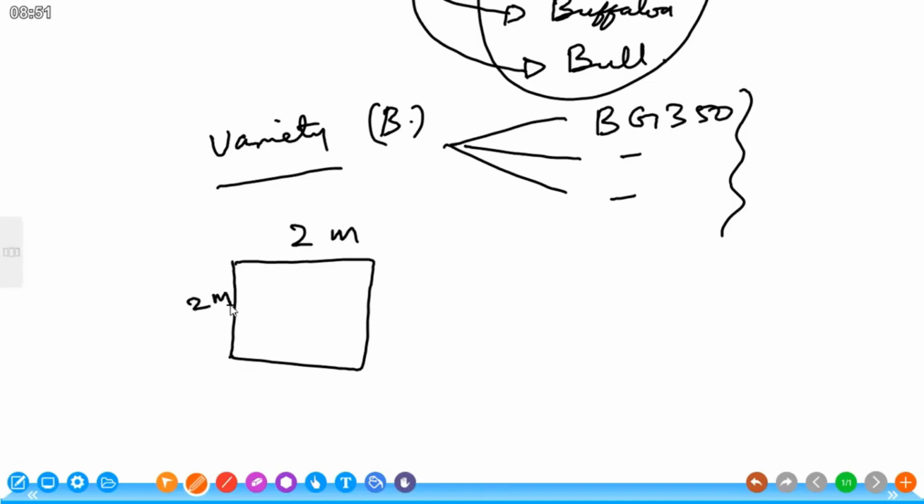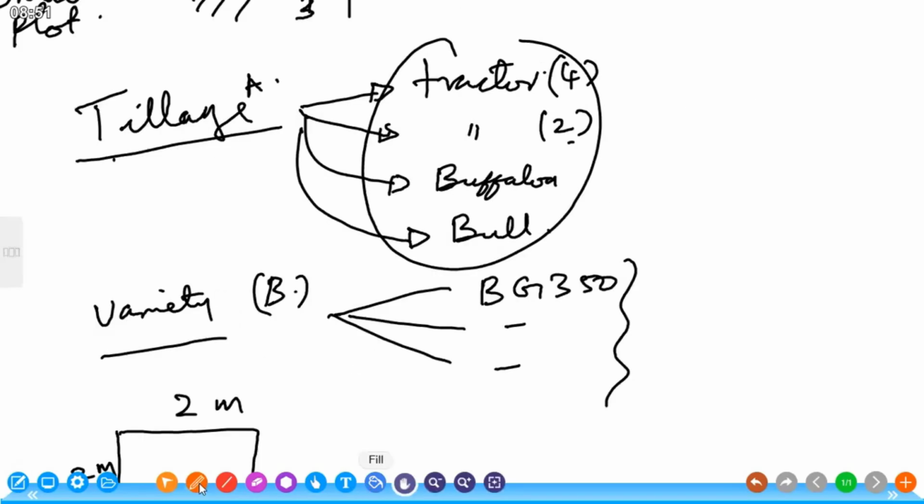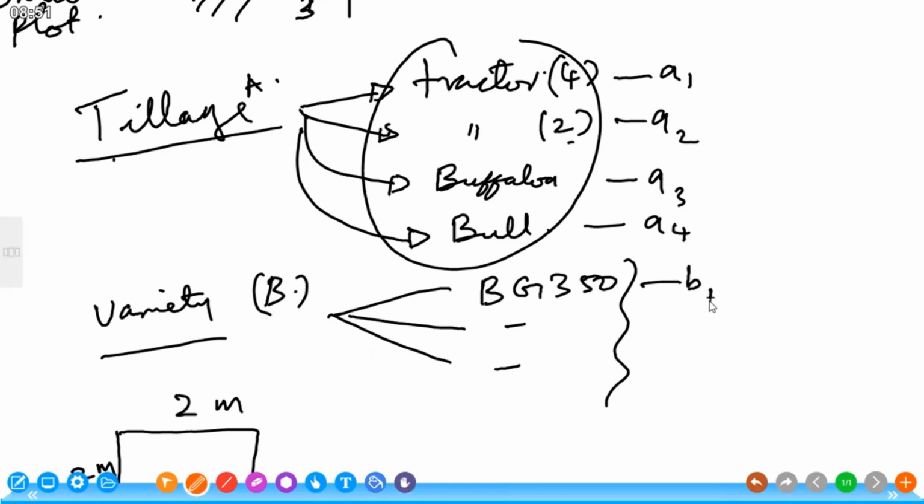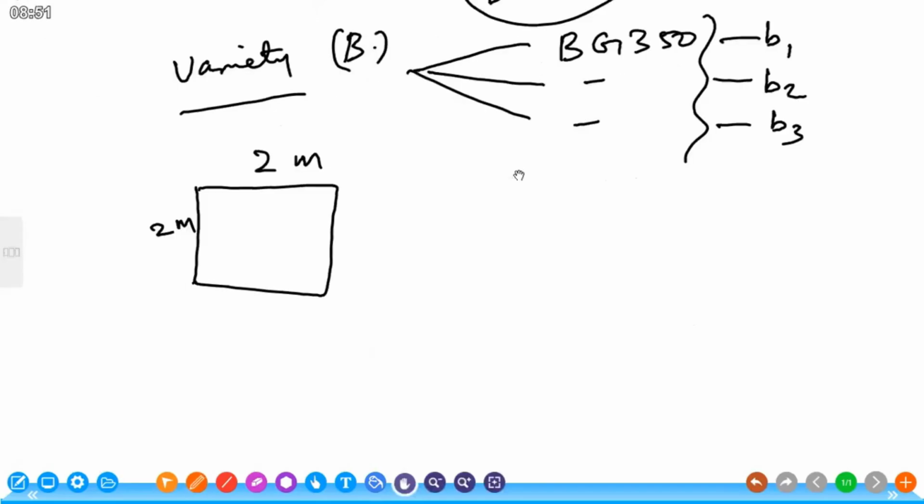Let's say this is A1, A2, A3, A4, and this is B1, B2, B3. Now tell me, can I have the combination of A1 and B1 in this plot? Anyone?